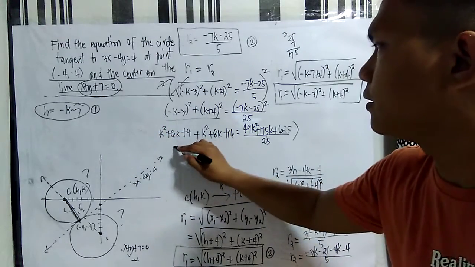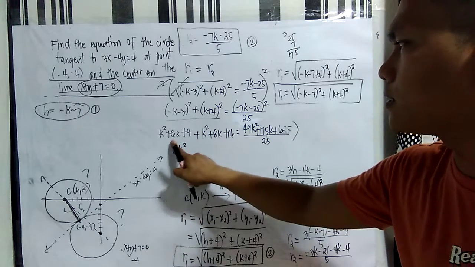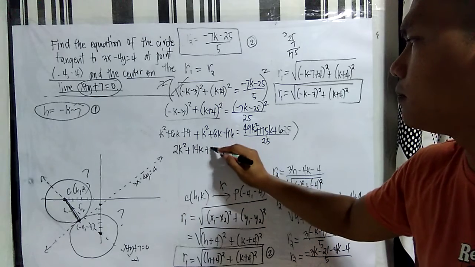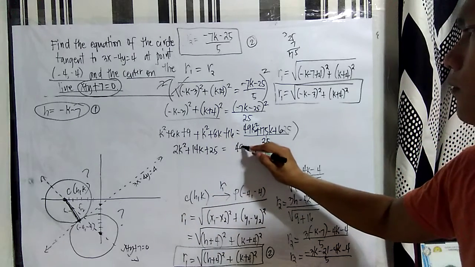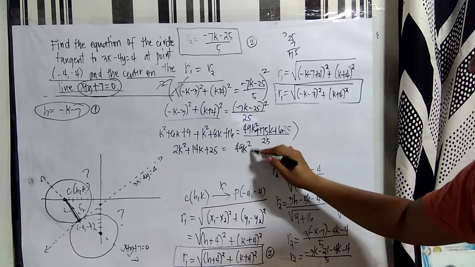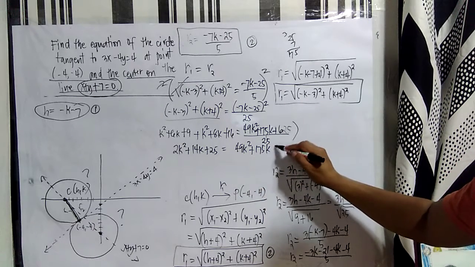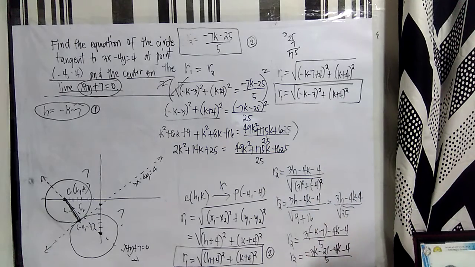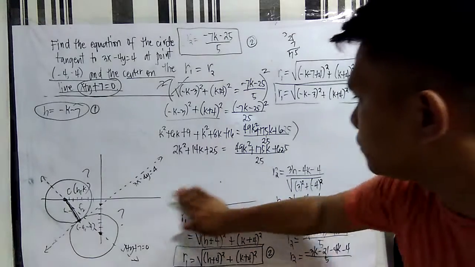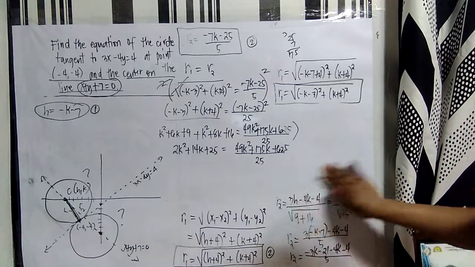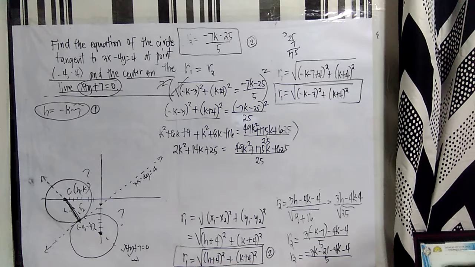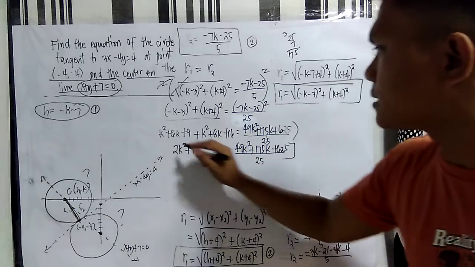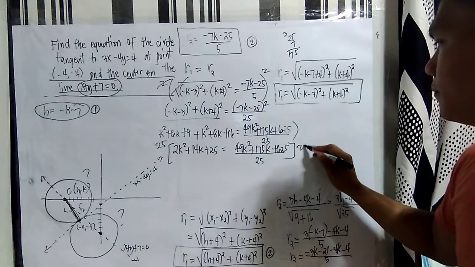K square, that is 2k square, 6k at 8k, plus 14k, 9 plus 16, plus 25 equals 49k square, plus 175k, plus 625 over 25. So para makuha natin yung value ng k dito, let us multiply both sides by 25.